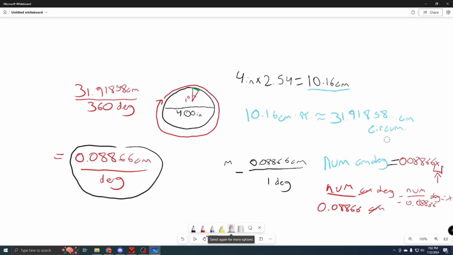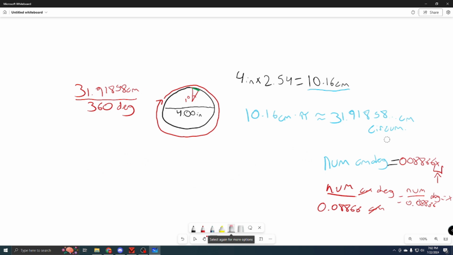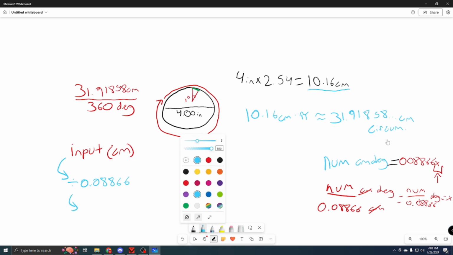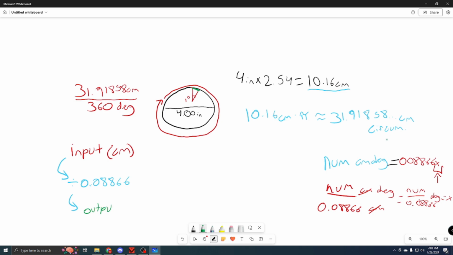So all this messy stuff over here to say that basically all we need our function to do is we've got our input in centimeters, and we want to convert that input into degrees, and so all we do is just divide that by 0.08866, right, and that will give us our output in degrees.